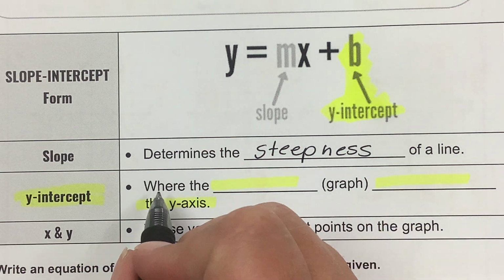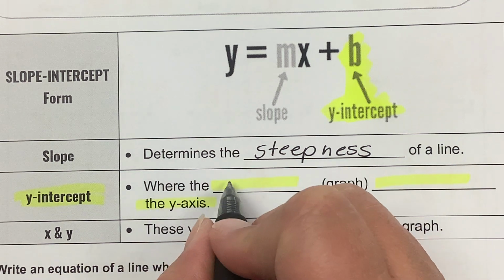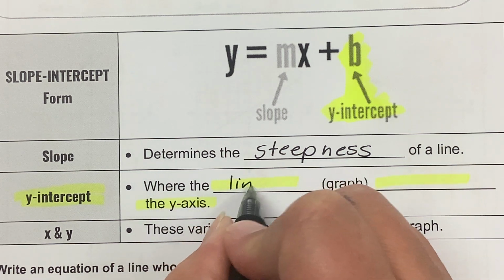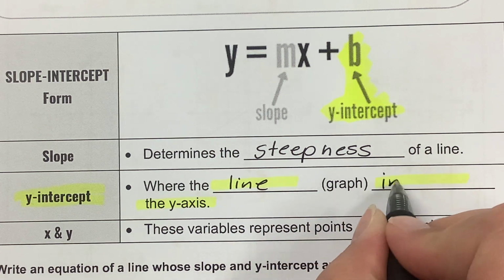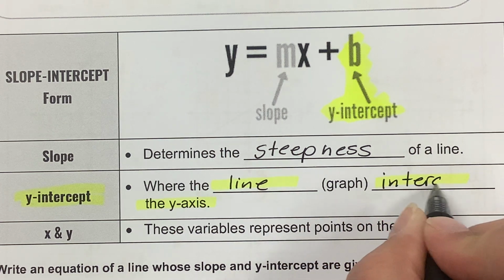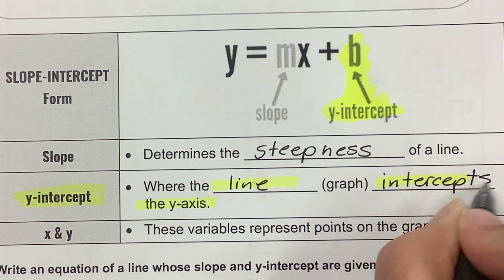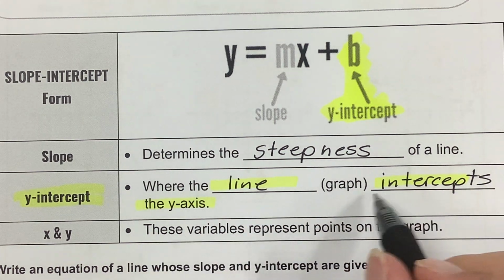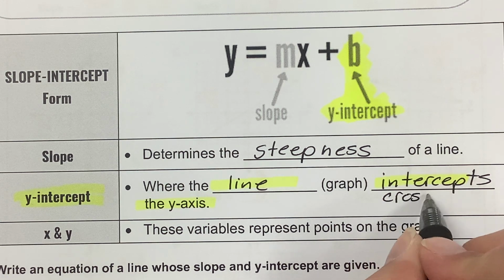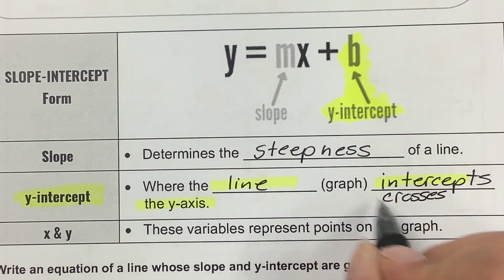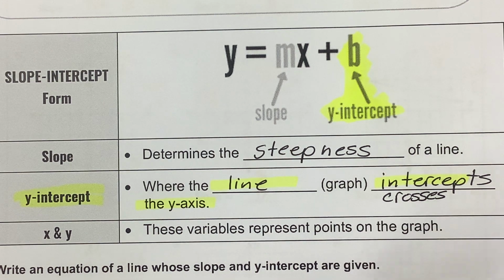I don't like that. Where the line, actually the graph of the line, intercepts the y-axis. There's other words for intercept. Some people like to use crosses, where the line or graph crosses the y-axis. That's fine.